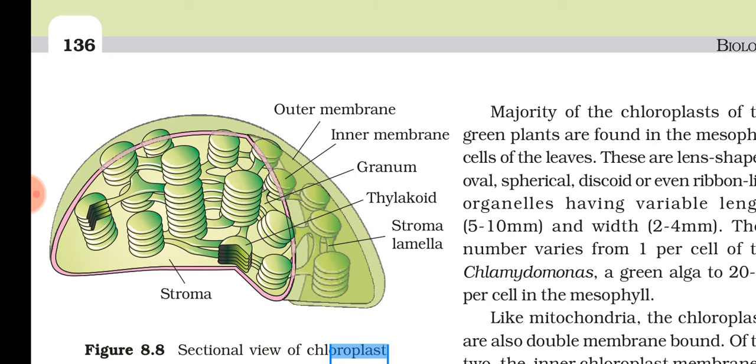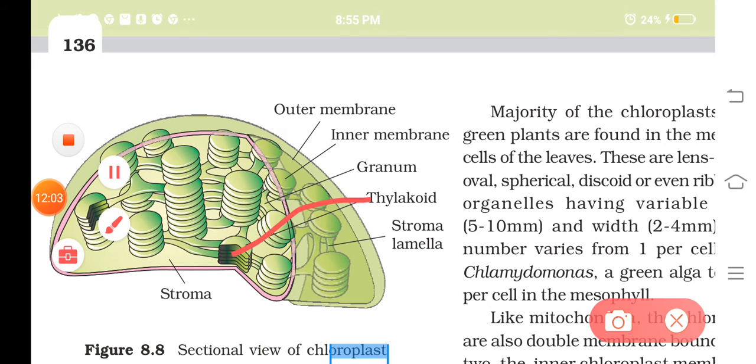As coins arranged one above the other. Each membranous structure is known as thylakoid. When these thylakoids are arranged one above the other, they form the granum. The plural is grana, and adjacent grana are interconnected by stroma lamella.